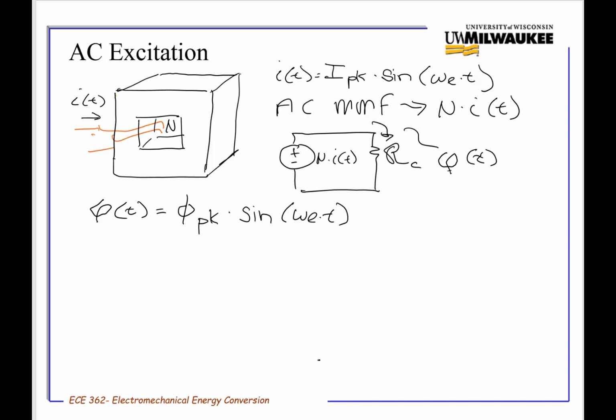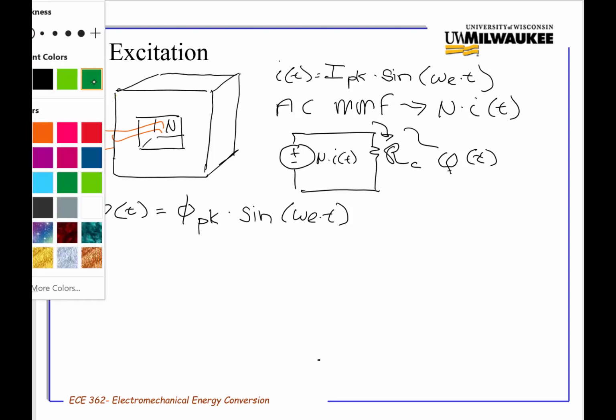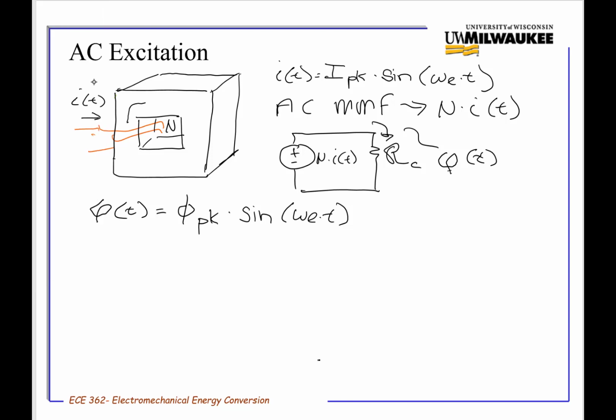So what's happening is the flux is flowing through this core, say in one direction when it's positive, and then it's going to swing back around and flow in another direction when it's negative.